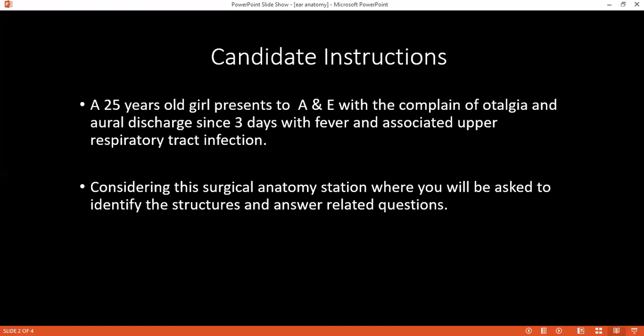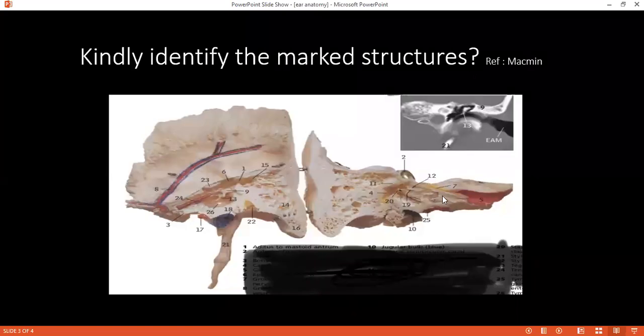Okay, if you have read and understood, considering the surgical anatomy station, can you please tell me what is this bone that you're looking at right now?